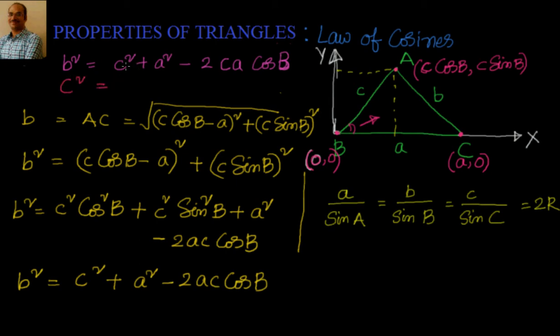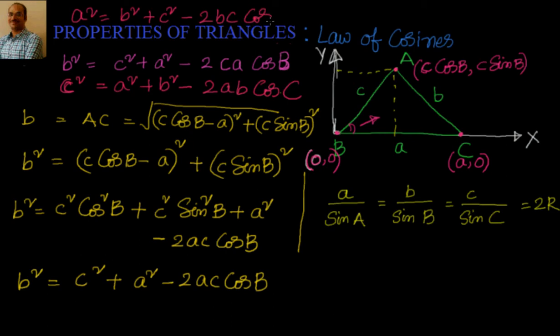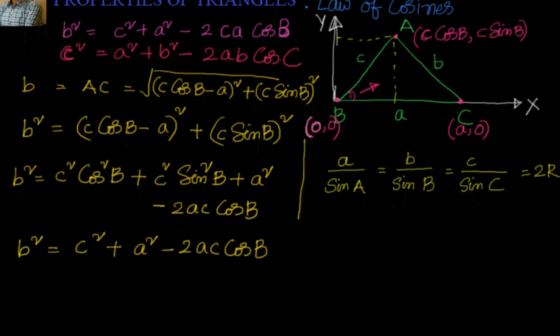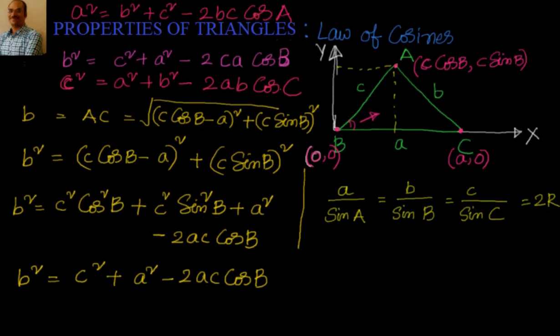It will become a square plus b square minus 2ab, and this is small c, you will have cos of capital C. Similarly, you can write for a square also. Small a square equals b square plus c square minus 2bc into cos of capital A. That's the law of cosines, which is useful whenever you know two sides of a triangle and the included angle.